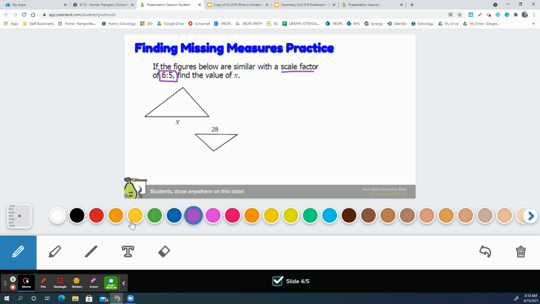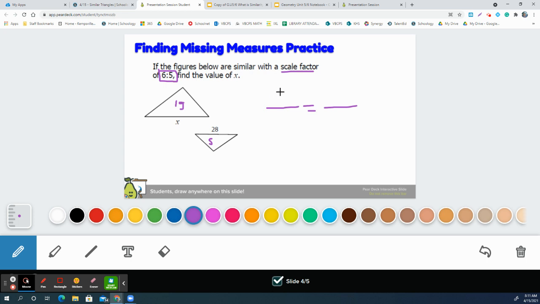What do you know? Which one is bigger, 6 or 5?